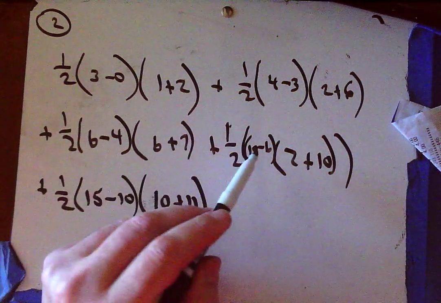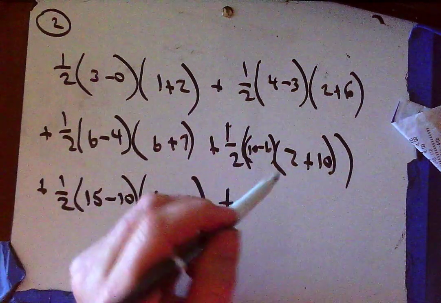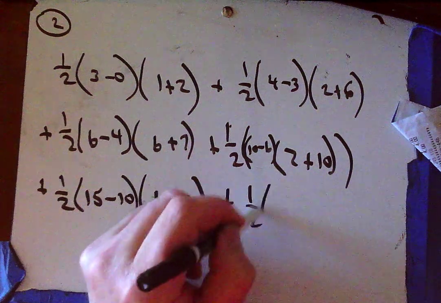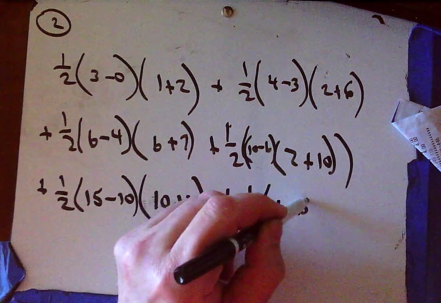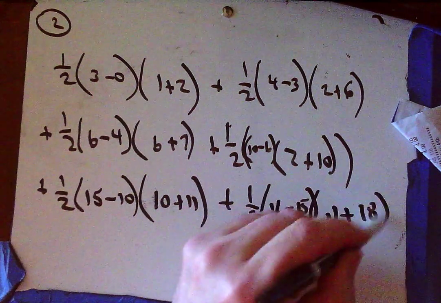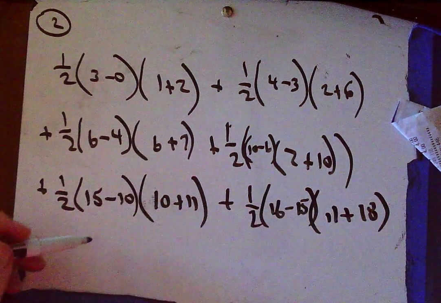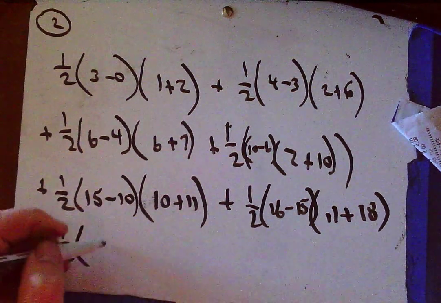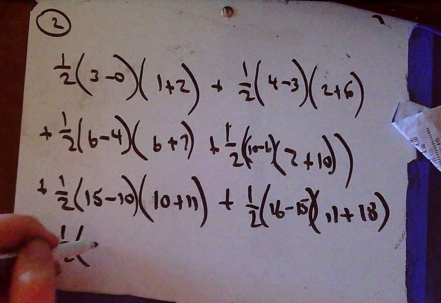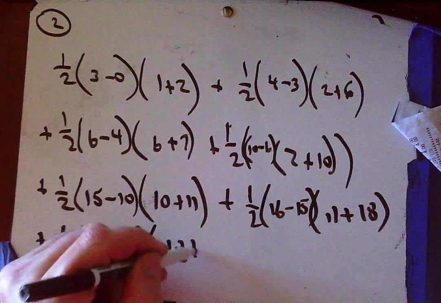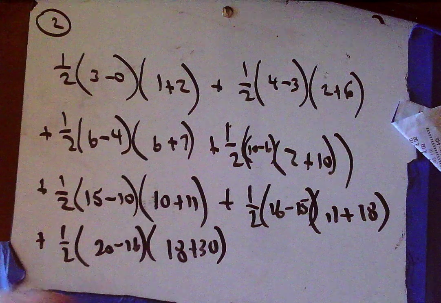Next, 10, 15, we've got 1/2, 16 minus 15, times 11 plus 18, and then I think it's finally 1/2 20 minus 16 times 18 plus 30.